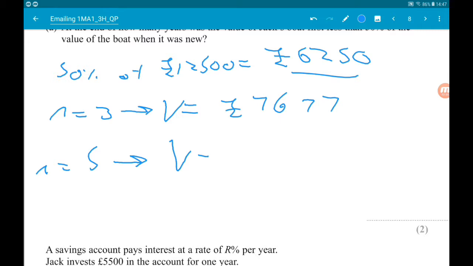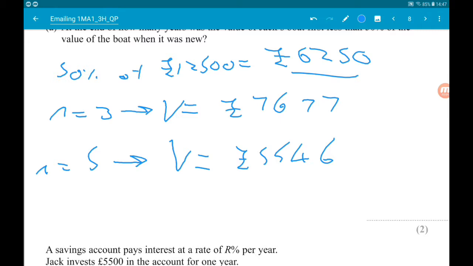Gives me V is 5,546. So that is below. Now what I need to check is the year before to see whether that was less than or more than 6,250.